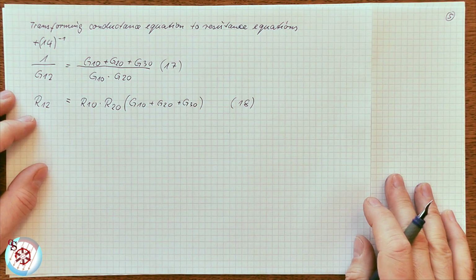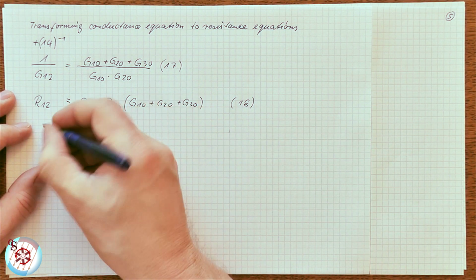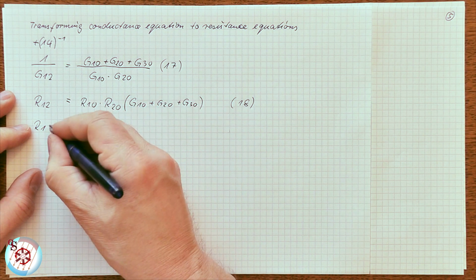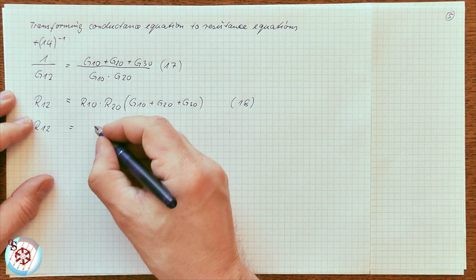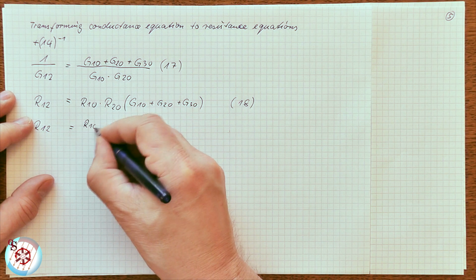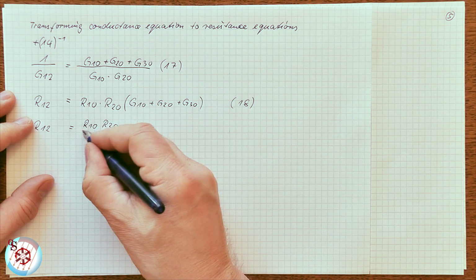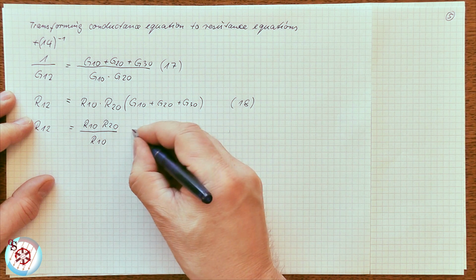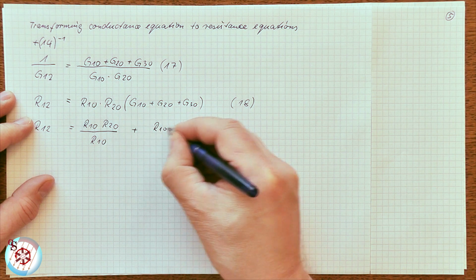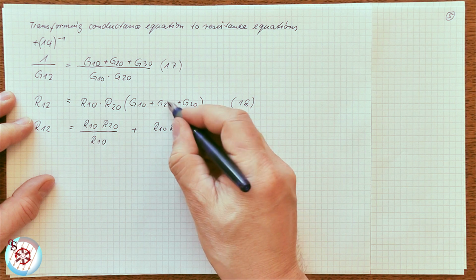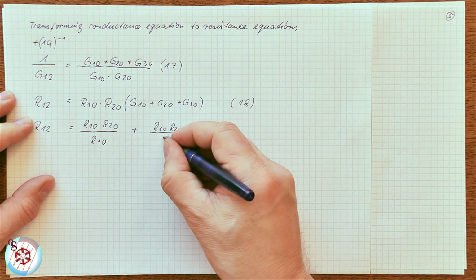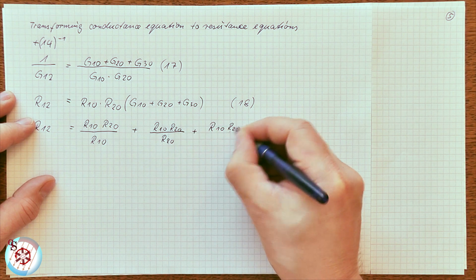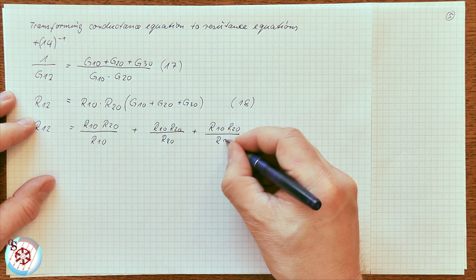And now we multiply those resistances by the conductances, and we have R12 equals R10, R20 times G10, but G10 is 1 divided by R10. So plus, same here, it's R10, R20 times G20, and G20 is 1 divided by R20, plus R10, R20 divided by R30.